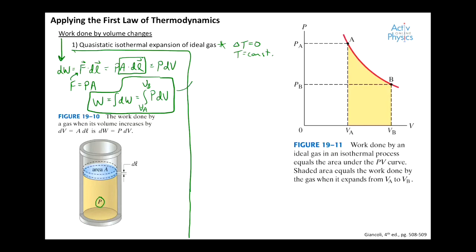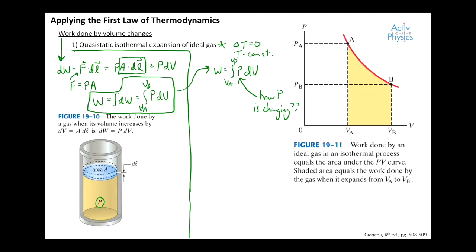And we're going to use this equation from right over here. So work is equal to the integral from VA to VB of P dV. The key for all of these problems is we just need to know how P is changing. If we can find an expression for how the pressure is varying, then we're able to do the integral and everything is good.